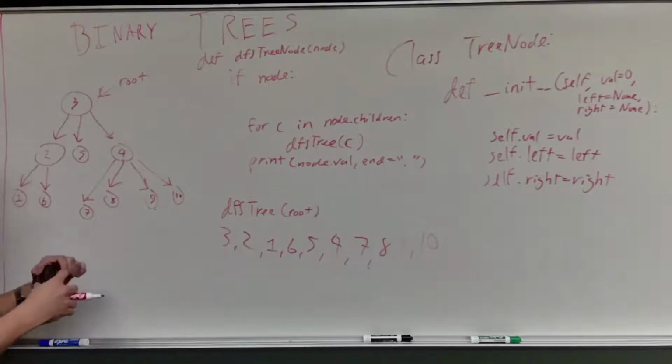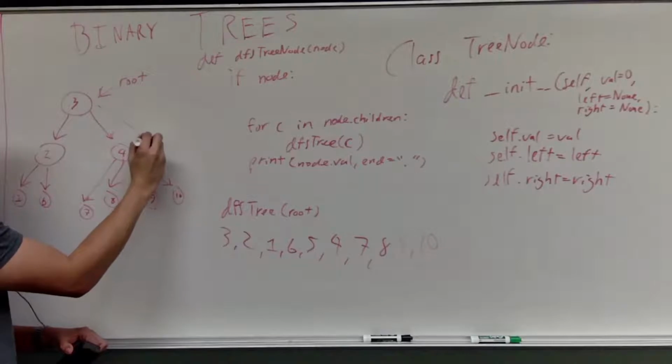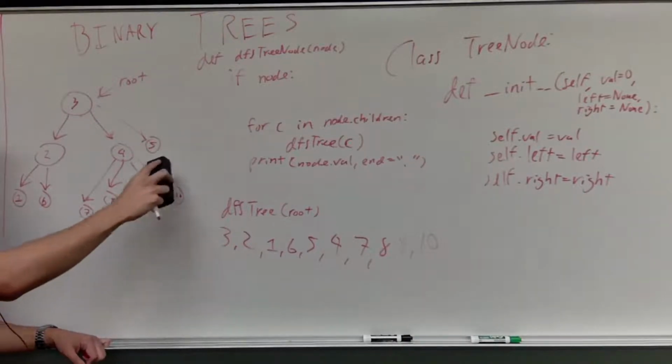I mean, I could have done this, right? And the code would still run the same. Well, let's say I drew it like this, but in the code, the list of children is actually 2, 5, 4. So it would call this before this. But when I draw the data structure, I'm complicating things.